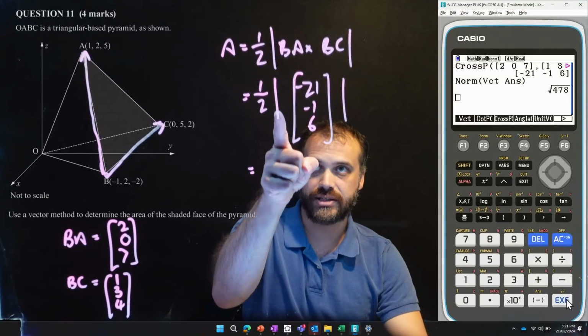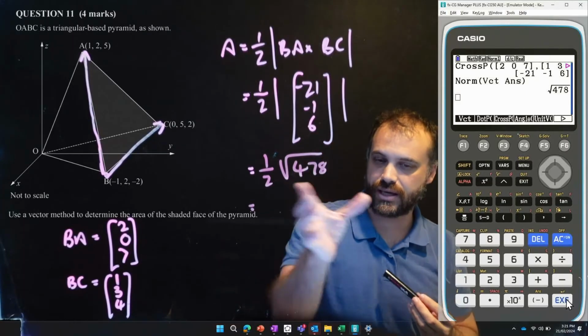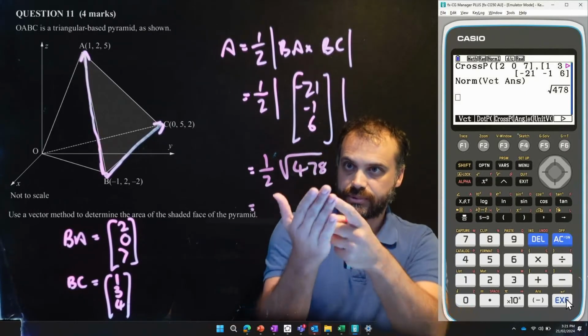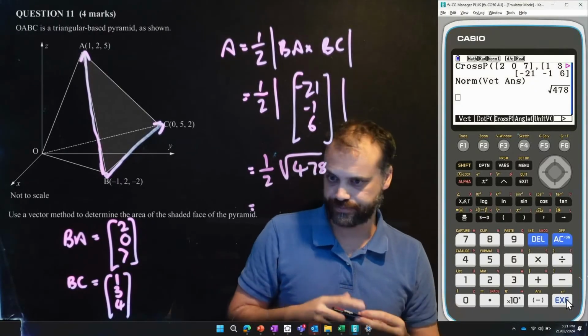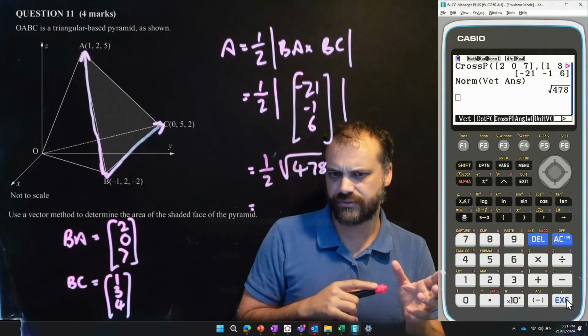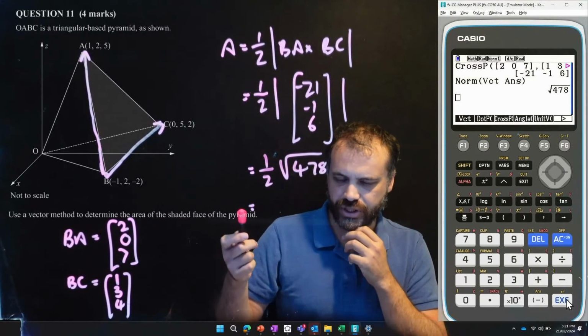So that is this piece here, the magnitude. Now, of course, that is not our answer, or I guess it is our answer now, complete, right? We could say half of the root of 478. It is a technology-active question. They are asking for the area of the shaded face.